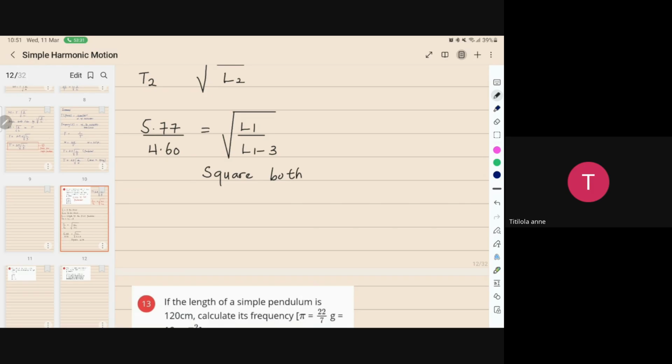The way you solve your normal mathematics. So when we square both sides, I'm going to have 5.77 all over 4.60, then all squared is equal to, when you remove that square root, L1 all over L1 minus 3.